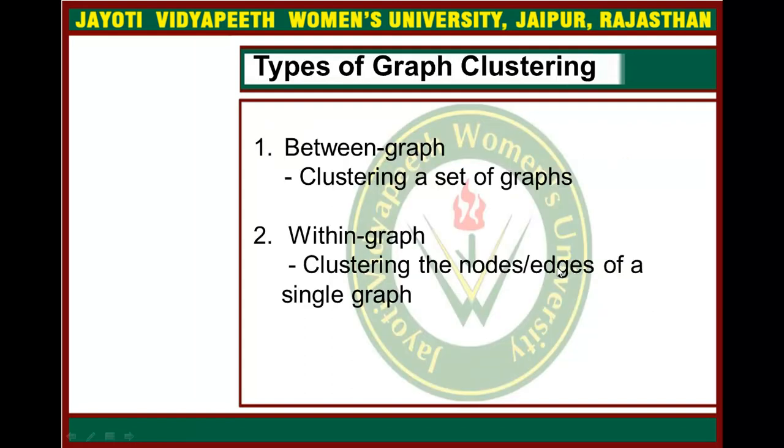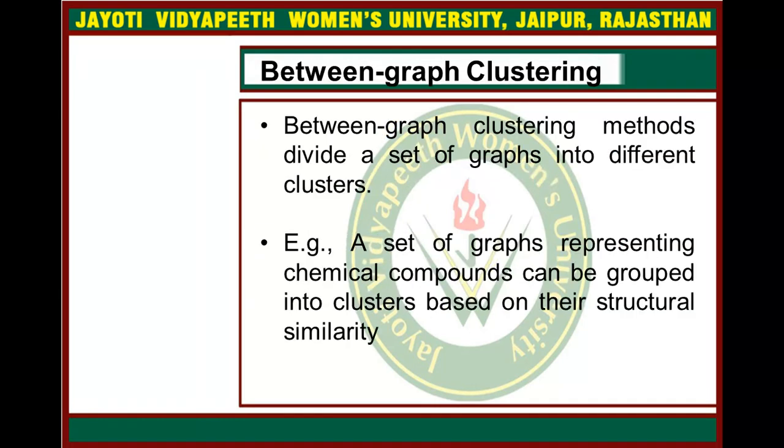Now come to the types of graph clustering. There are basically two types of graph clustering. First is between graph, that means clustering a set of graphs, and the second one is within a graph, means clustering the nodes or edges of a single graph. Now come to the first one, between graph clustering. Between graph clustering methods divide a set of graphs into different clusters.